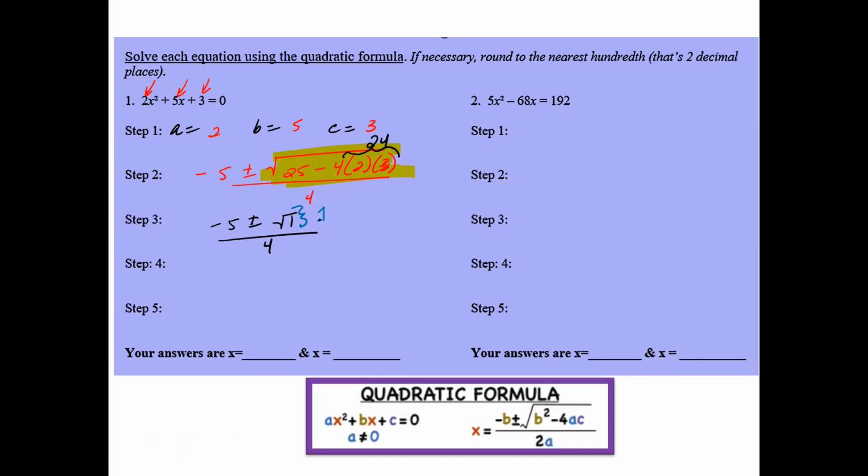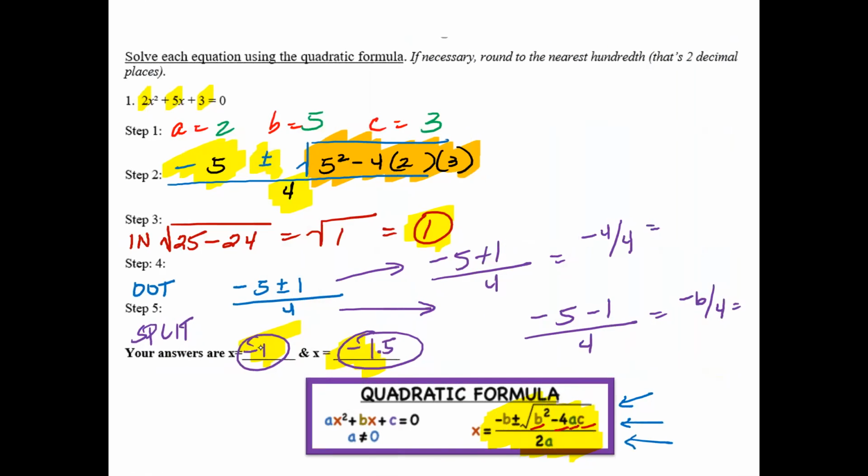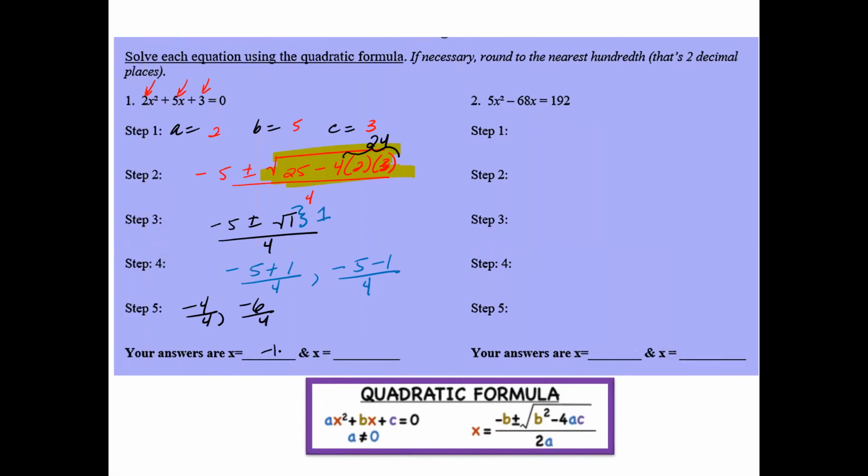It is just 1. So your first answer is negative 5 plus 1 divided by 4. Second answer is negative 5 minus 1 divided by 4. Step 5, you have a negative 4 divided by 4 and a negative 6 divided by 4. Simplify this. So your first answer is negative 1. Second answer is negative 3 over 2. And that's it.